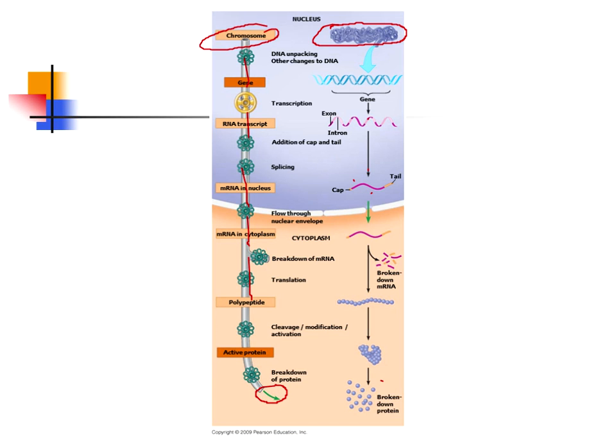Now, although we talked about all these levels of control, I want to emphasize that we still don't know all the mechanisms of control of gene expression. So this is an area of research that's ongoing.